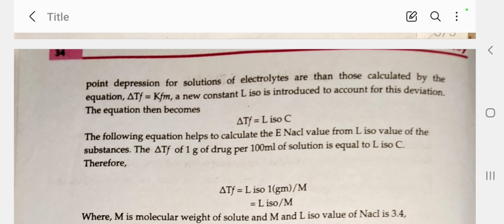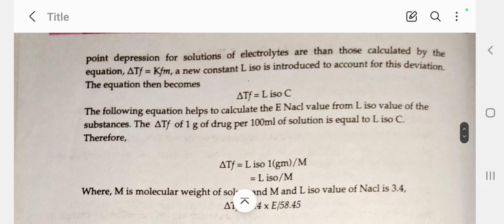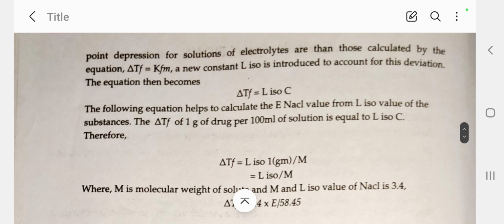So the equation then becomes delta TF equals L-iso times C, where L-iso is the constant. The following equation helps calculate the sodium chloride equivalent value from the L-iso value of the substance.